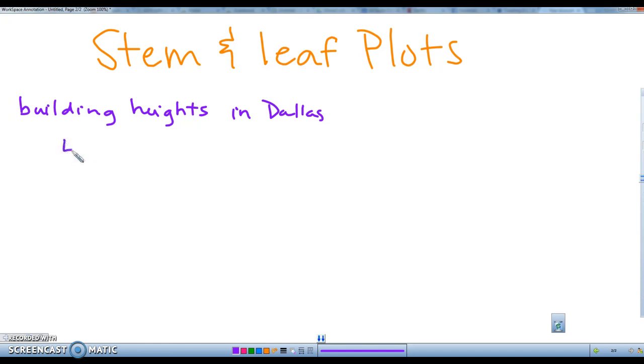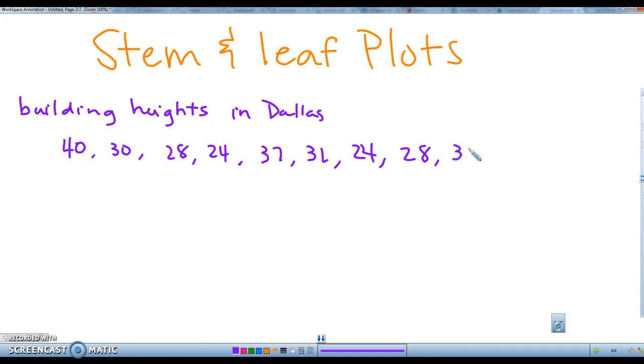And we have buildings that are 40 stories, 30 stories, 28, 24, 37, 31, 24, 28, 32, and 37.